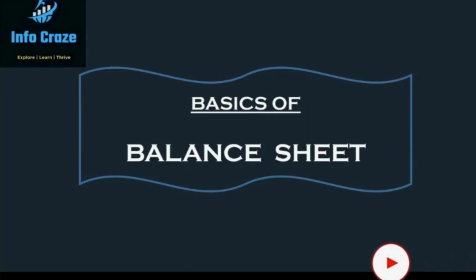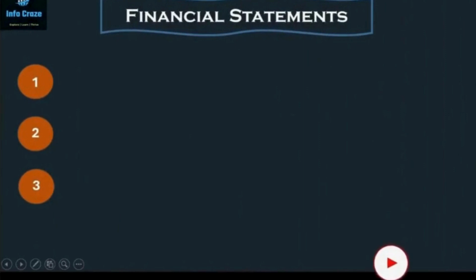However, before going into the depth of the balance sheet, we will also quickly touch upon the financial statements that are required for any organization. So let's get started. To start with, we have three different types of financial statements for any company.